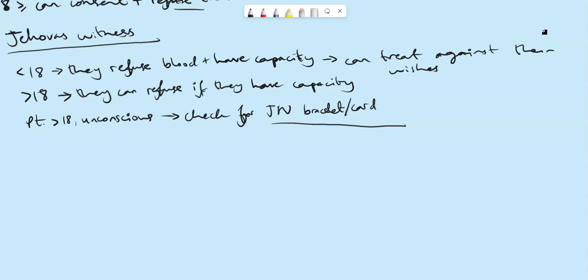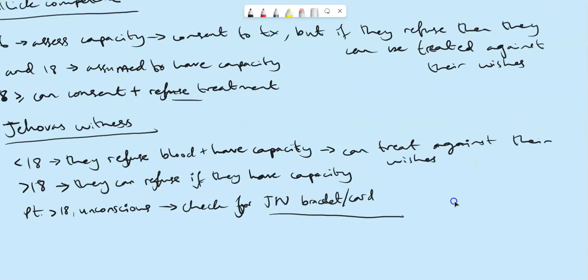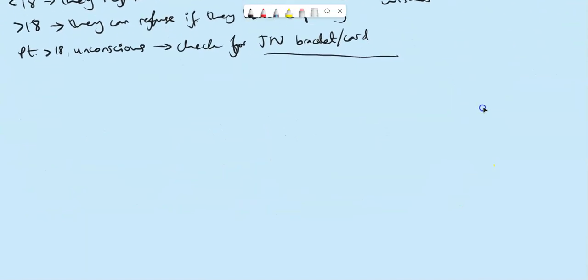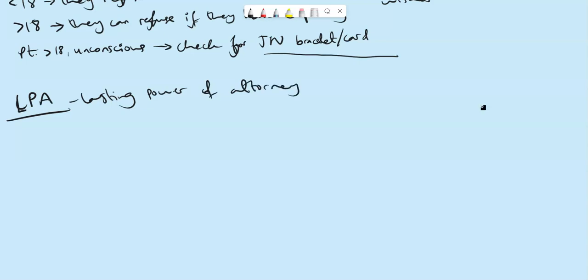So this covers most of the consent. There's one other thing, which is lasting power of attorney. This is essentially a contract that stipulates if a patient loses capacity, someone else can make decisions for them.